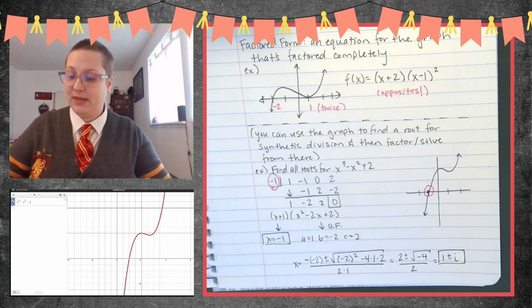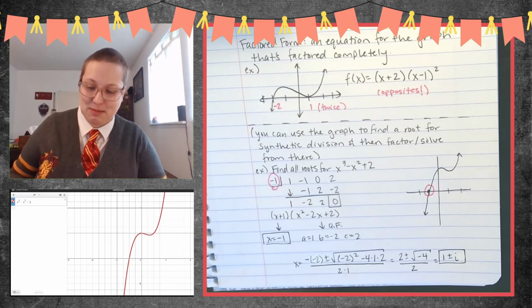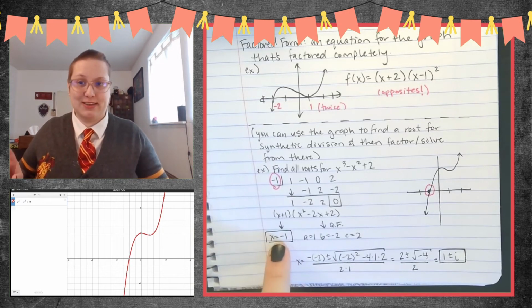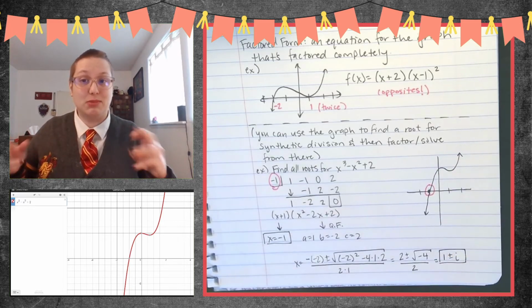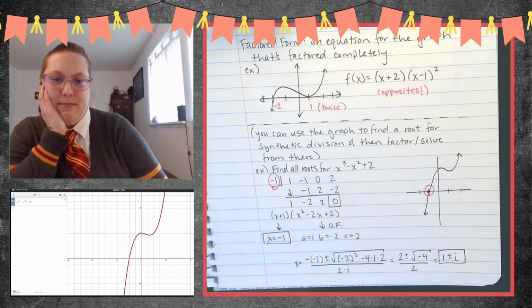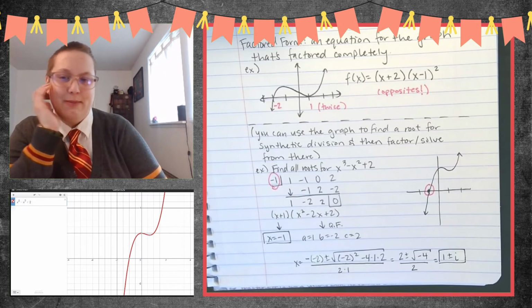We did it. On a test, this might be check all that apply, so you'd have to check -1 and both 1 plus i and 1 minus i. It could be something that's not the quadratic formula.